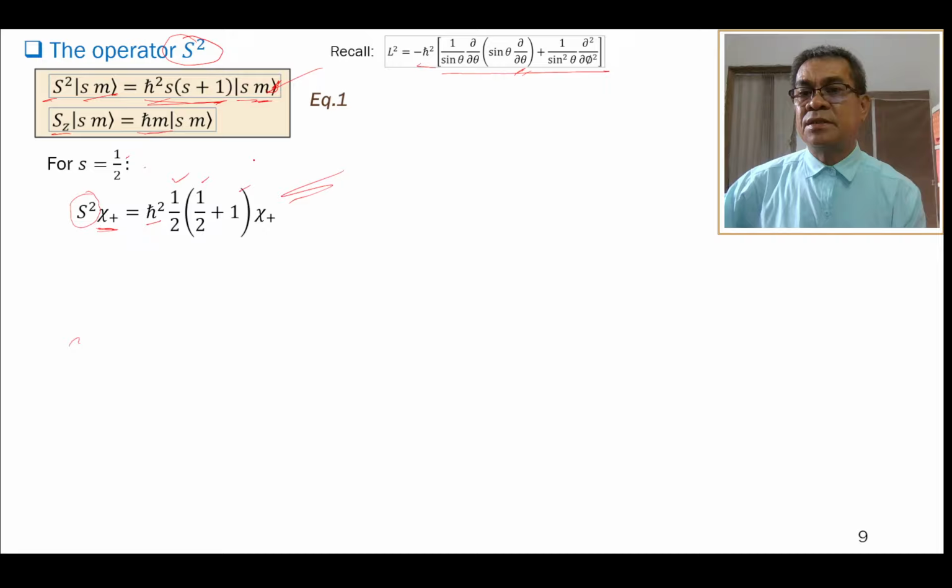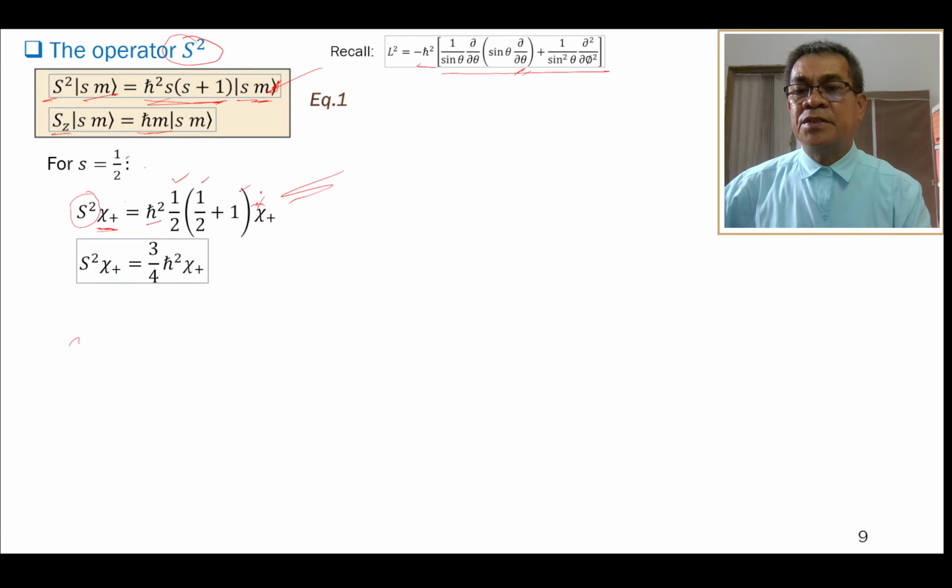Then we have again the same eigenvalue. So remember, we have this eigenstate, and this is also the eigenstate. Then simplify further, then we have 3/4 of h bar squared, spin up. Then let that be equation 3.